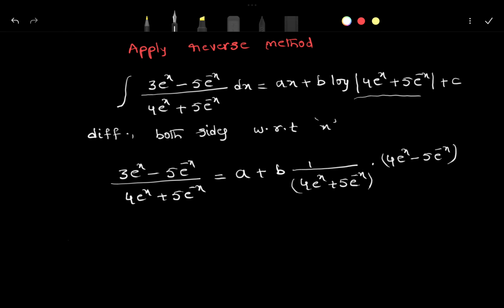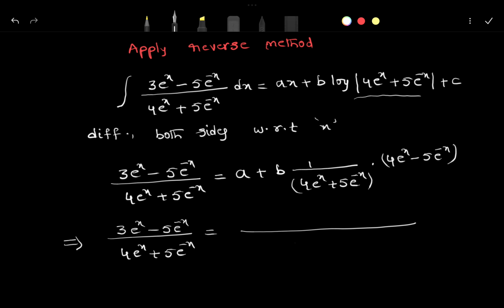Now here you take the LCM. See, first you write the LHS: (3e^x - 5e^(-x)) divided by (4e^x + 5e^(-x)). What is the LCM?